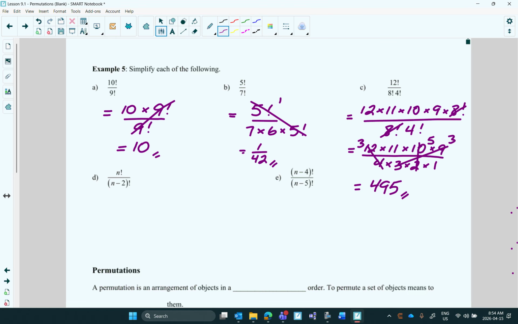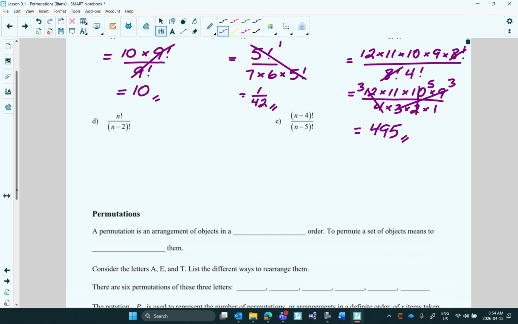Now you may see ones like this, and we'll see this towards the end. Again, take the bigger one and start writing down until you hit the smaller one. So out of these two, n and n minus 2, which one's bigger? N, right? Because this is 2 less.